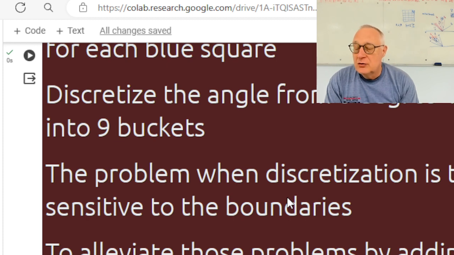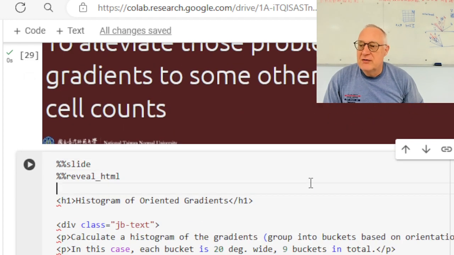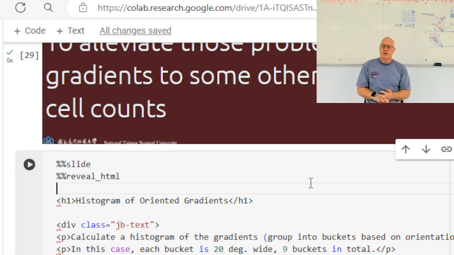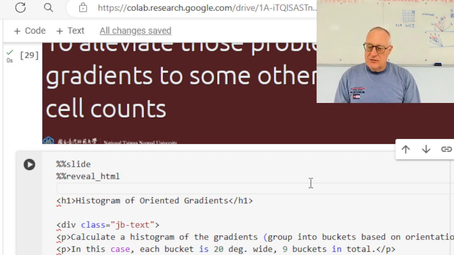And we want to fuzz the boundaries of these buckets, so basically blurring the cell count. Now one way to do that is also to just blur the gradient angles, but this method is a bit more powerful.